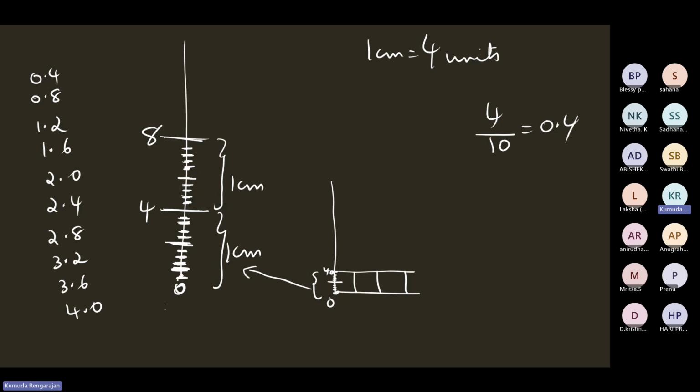So this is 0, 0.4, 0.8, 1.2, 1.6, 2. The middlemost line is 2. Then 2.4, 2.8, 3.2, 3.6, 4.